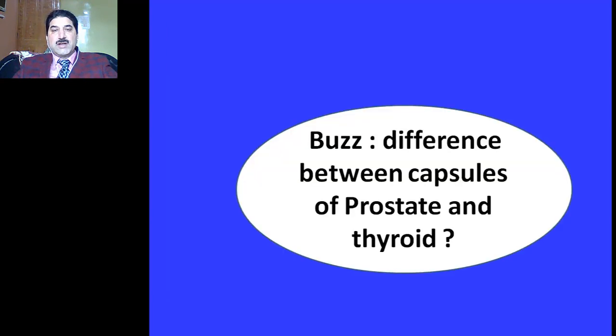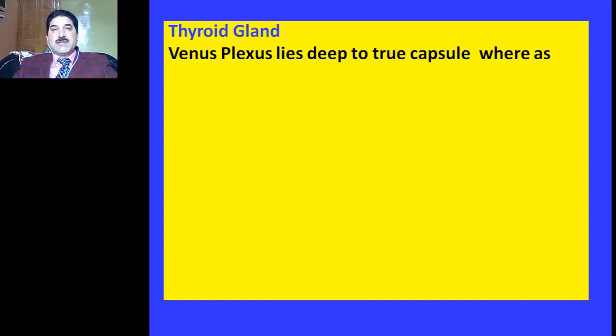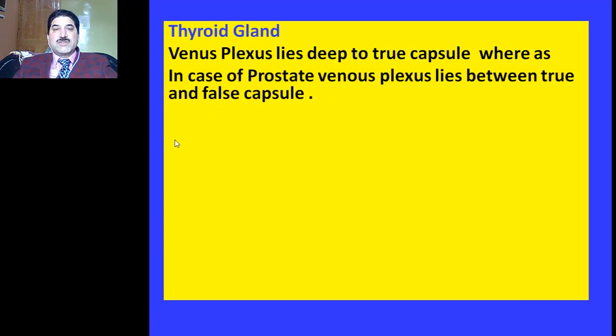Let's again go for a buzz: differentiate between the capsules of the prostate and the capsules of the thyroid gland. In the thyroid gland, the venous plexus lies deep to the true capsule, whereas in the prostate, the venous plexus lies between the true and false capsule.